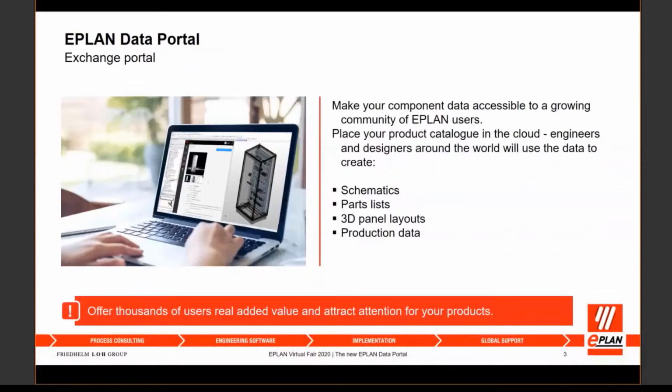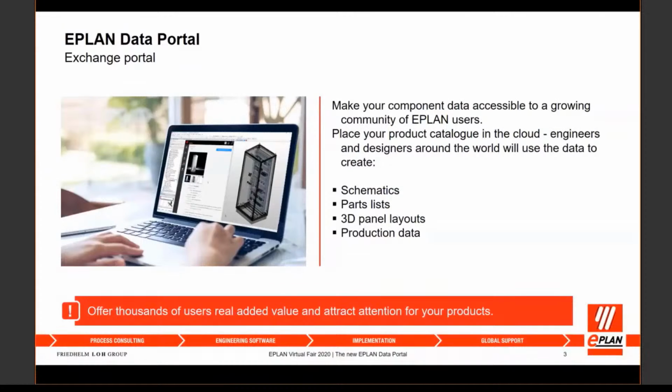You might know that the ePlan data portal is an exchange portal for parts data between the manufacturer of parts and the engineers and designers who work in ePlan with these data. They use the offered parts data to create schematics, parts lists, 3D panel layouts, and also production data.